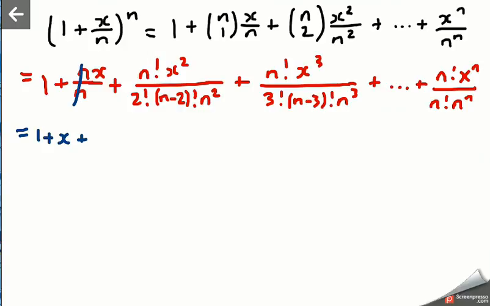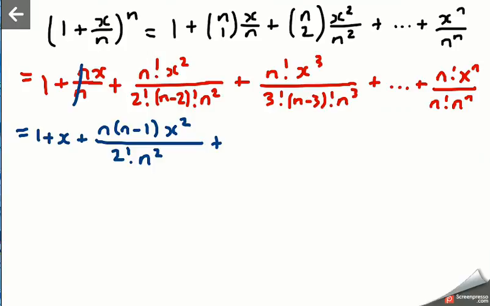So those (n minus 2) factorials will just cancel off and we'll be left with n times (n minus 1) on top, x squared. Divided by, and then down here we still have 2 factorial. We canceled the (n minus 2) factorial off. That's where the rest of this stuff went. And we've still got n squared on the bottom.